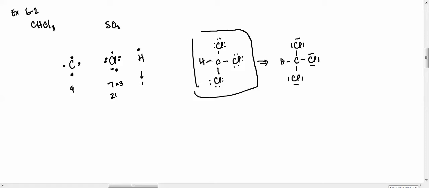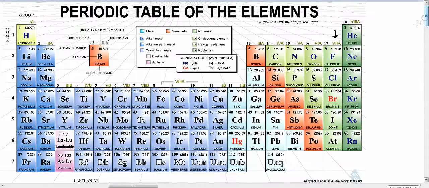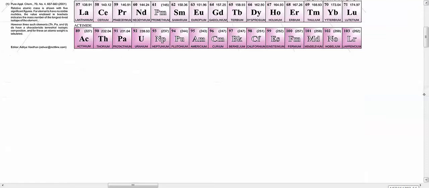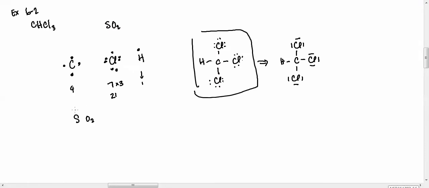Let's try another one. Let's try sulfur dioxide. So that would be SO2. All right, sulfur is how many valence electrons? He's got 6 of them. So I'm going to draw it: 1, 2, 3, 4, 5, 6.